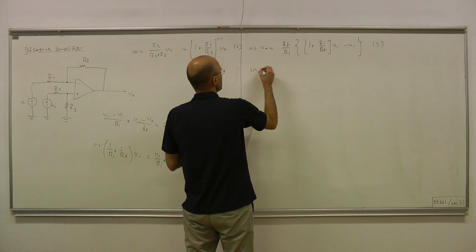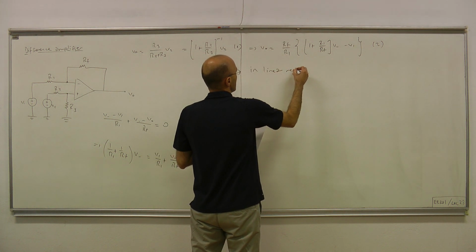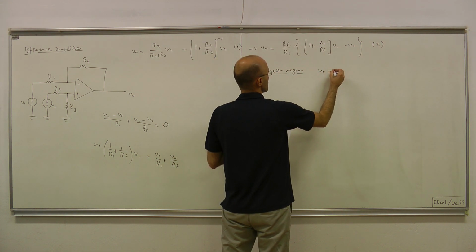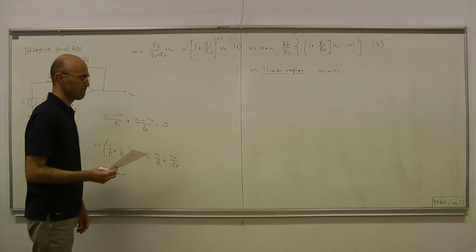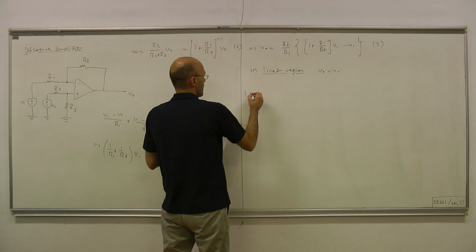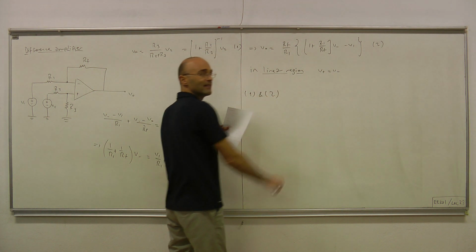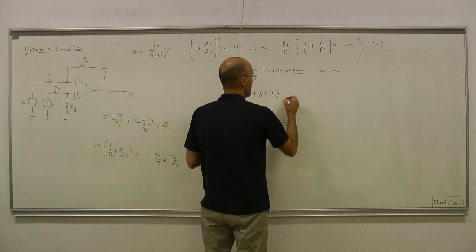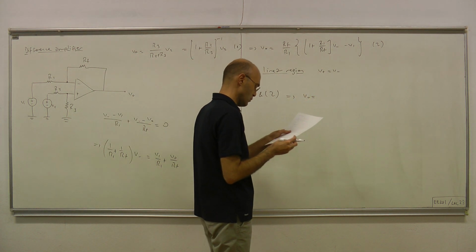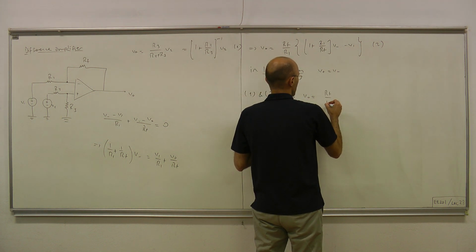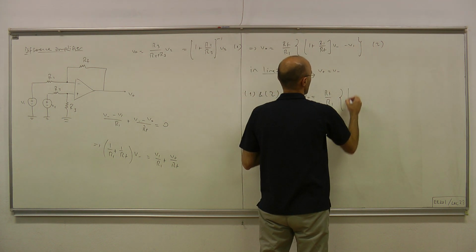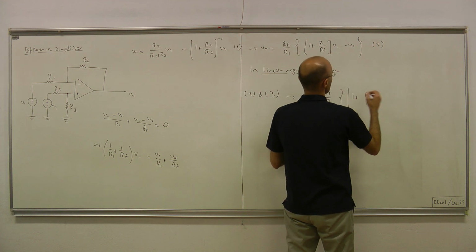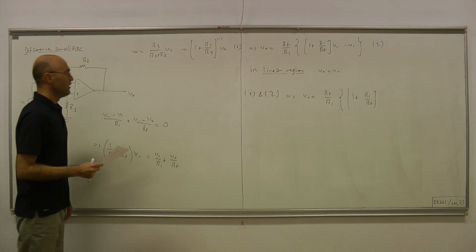Now, in linear region, we have V plus equals V minus. Combining that constraint, V plus equals V minus, together with equations 1 and 2, implies that V out must equal RF over R1 times, then we have 1 plus R1 over RF times V minus.